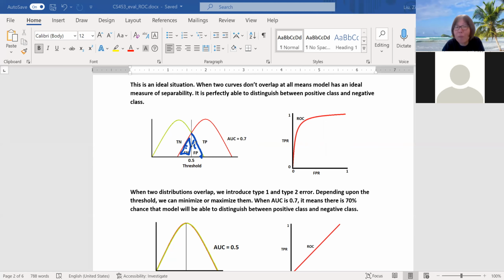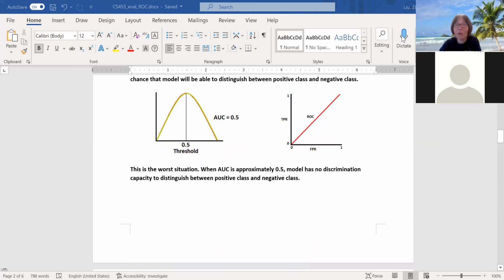With some overlap, the respective ROC curve looks like this. What we care about is the AUC, the area under it. Definitely it's not 1. It is less than 1.